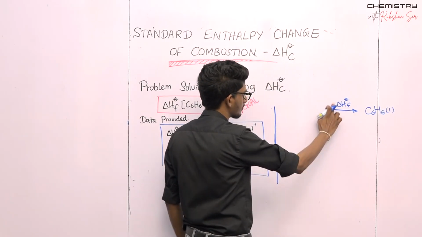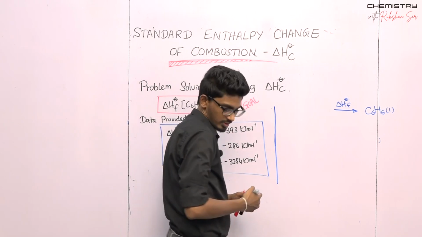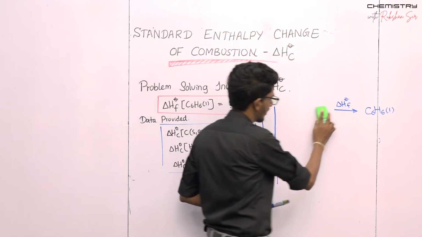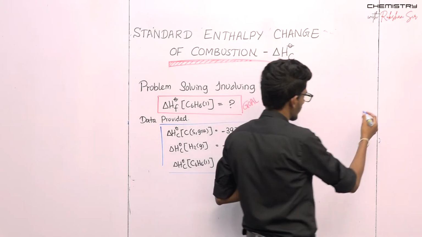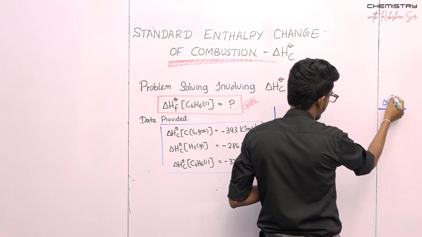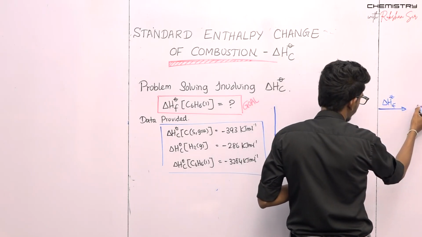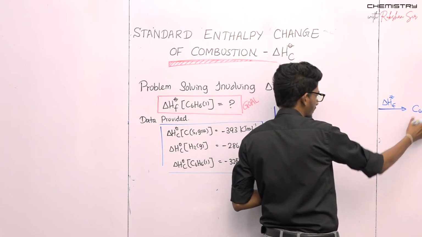So it's a formation. I may need some more space now, so I'll write it here. So it's all about formation of C6H6 liquid, right? Okay, here the 1 mole stands.